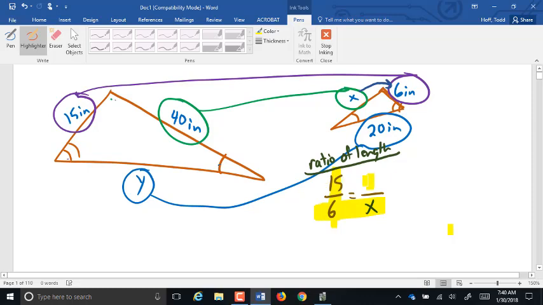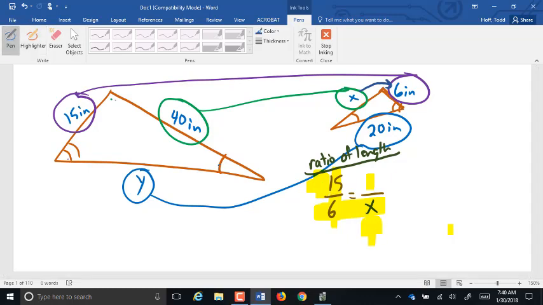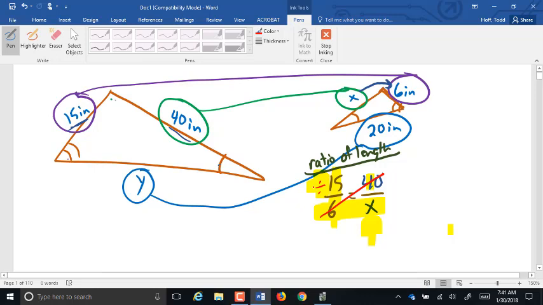So the piece that goes here has to be from the same figure as the 15, and it has to be the corresponding side to the x. So the 15 is over here, and yes, you're right, the corresponding side is the 40. So we will cross, multiply, and divide. 6 times 40 divided by 15 gives us 16, I believe.